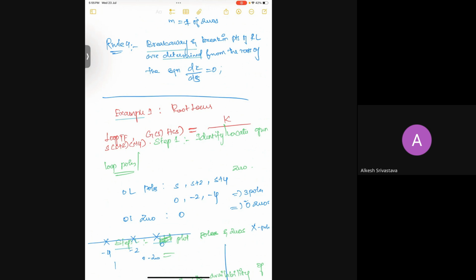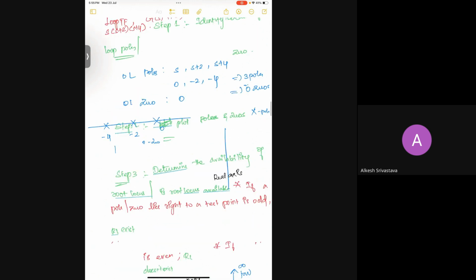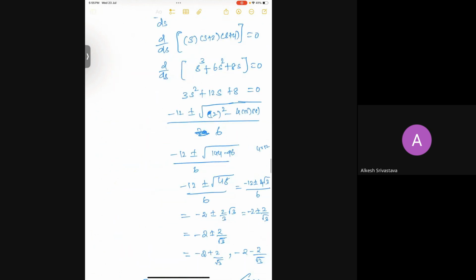S into S plus 2 plus S plus 4, right? We will see some other example today. We will solve this problem.